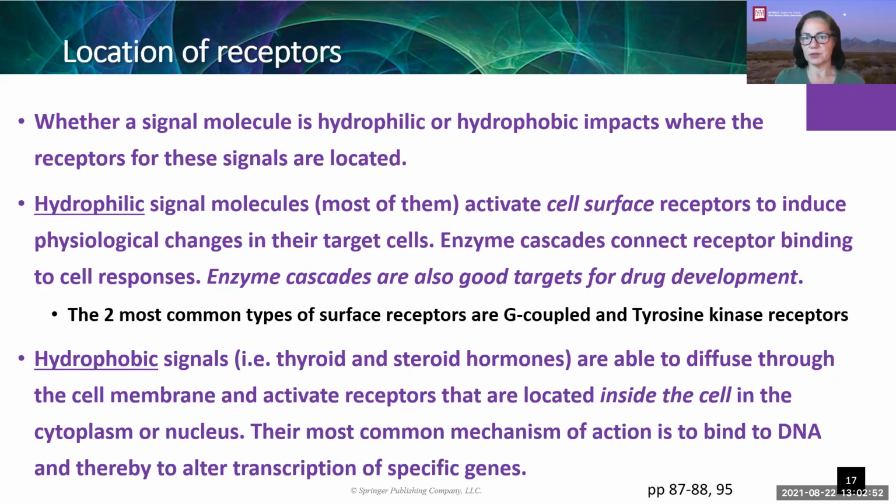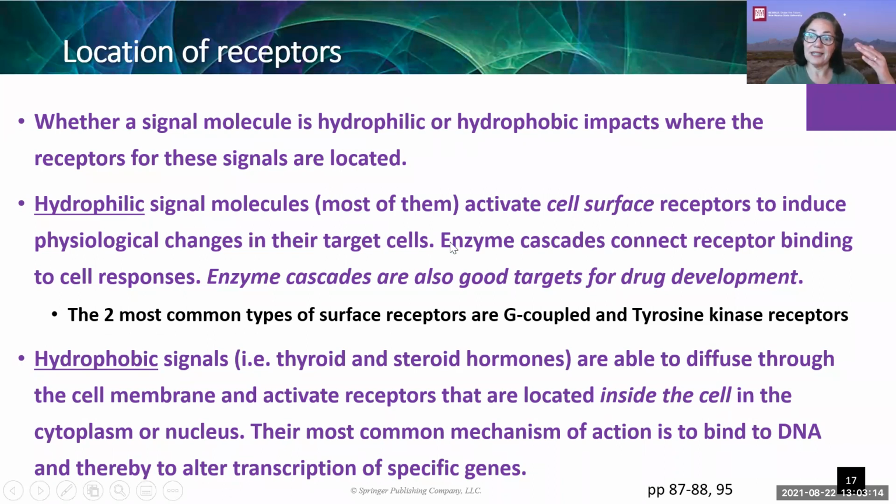Where the receptors are located, as I said, whether it's hydrophilic or hydrophobic, the signal tells you where the receptor has to be. So for hydrophilic molecules, that is most of them, the receptors have to be on the cell surface. They have to be on the outside of that phospholipid bilayer.